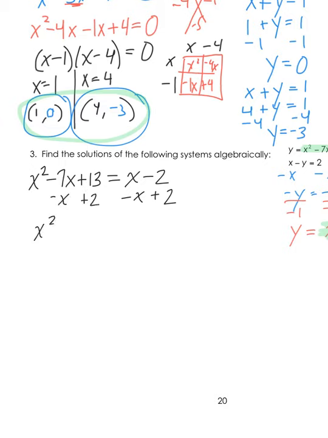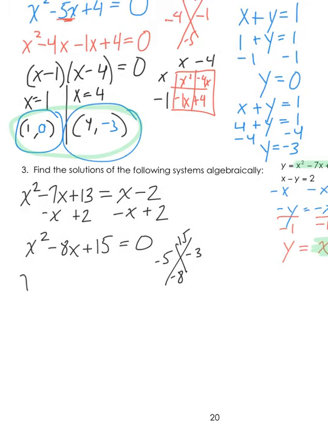I'm looking at x squared minus 8x plus 15 equals 0. We're factoring. I'm going to speed it up a little bit here. 15, -8. I need 2 negatives, -5, -3. Those 2 negatives give me a positive 15 when multiplied.